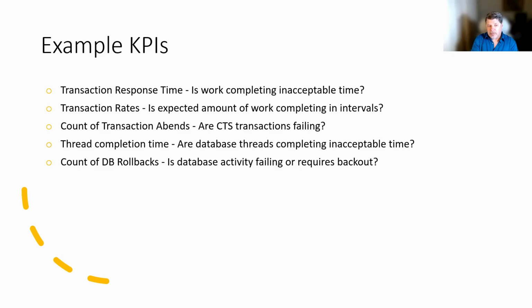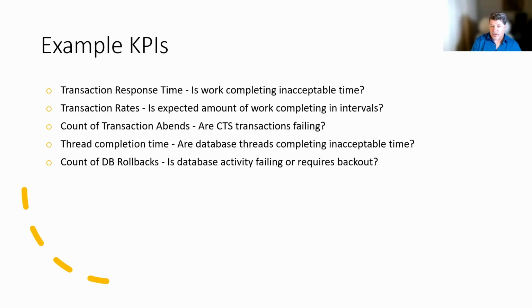If the transaction rate drops, we can suspect that there's something on the system that's causing the transaction rate to drop. Okay, so it could be something in the database. It could be I/O counts that have gone through. There could have been a recent change to the application that changed the way that the application works, so that it's no longer using database indexes to speed up getting to the data.